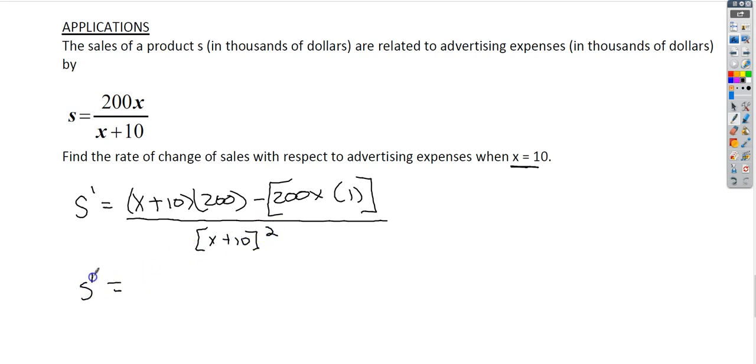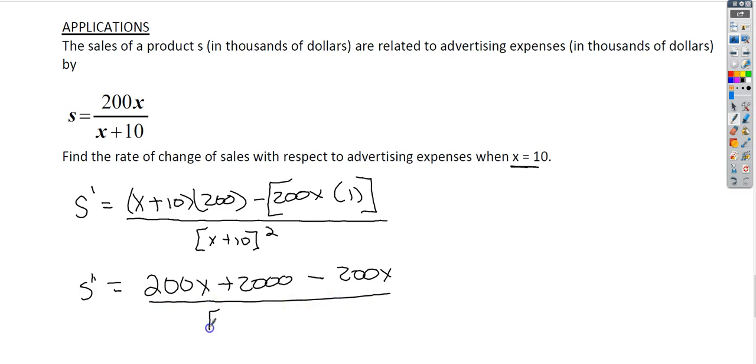Okay, so on top we have 200x plus 2000 minus 200x, and on the bottom we have x plus 10 squared. So that gives us 2000 over x plus 10 squared.